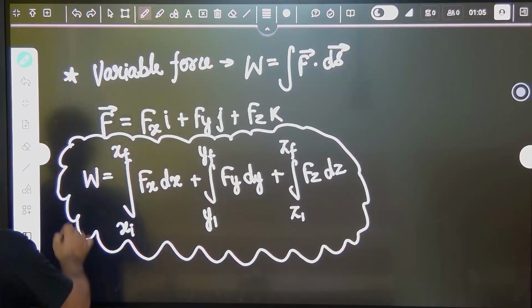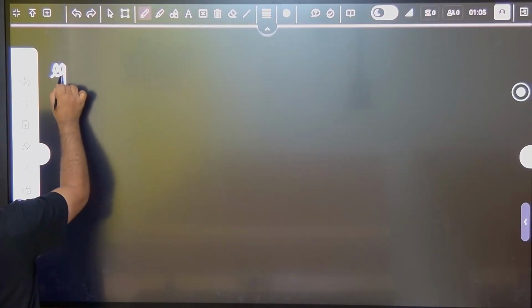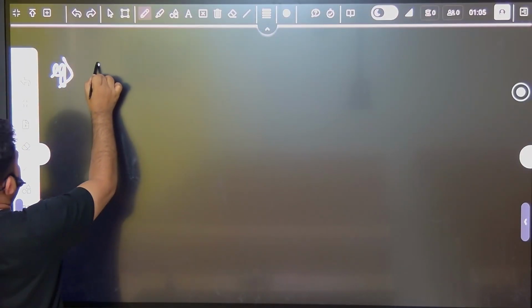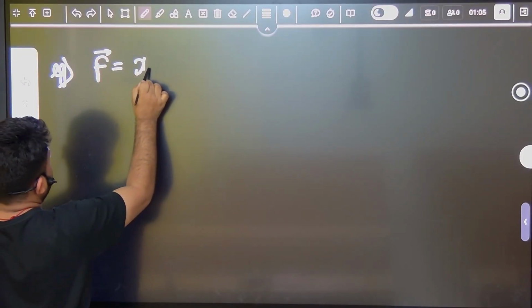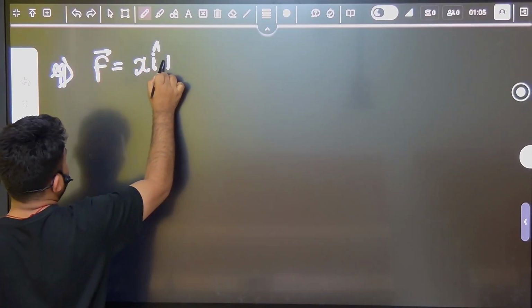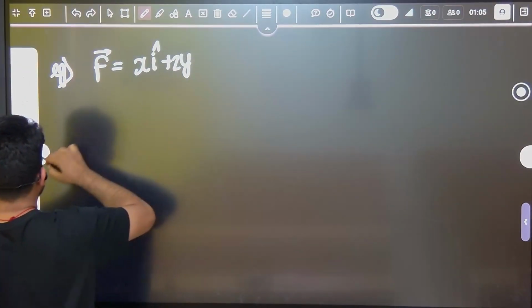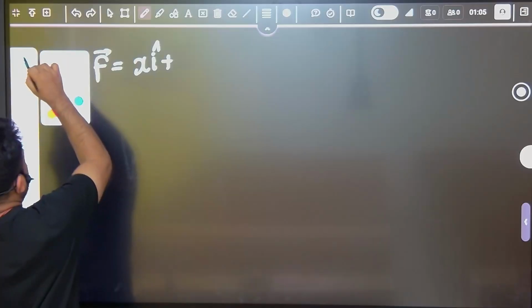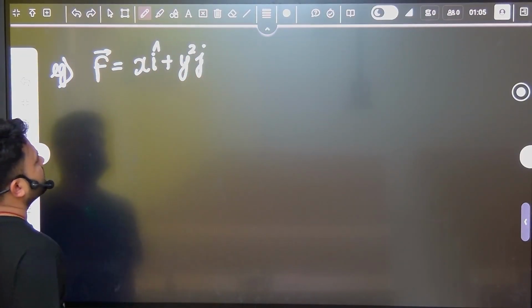I will take one example so it is more clear. For example, force is given as x i cap plus y square j cap.